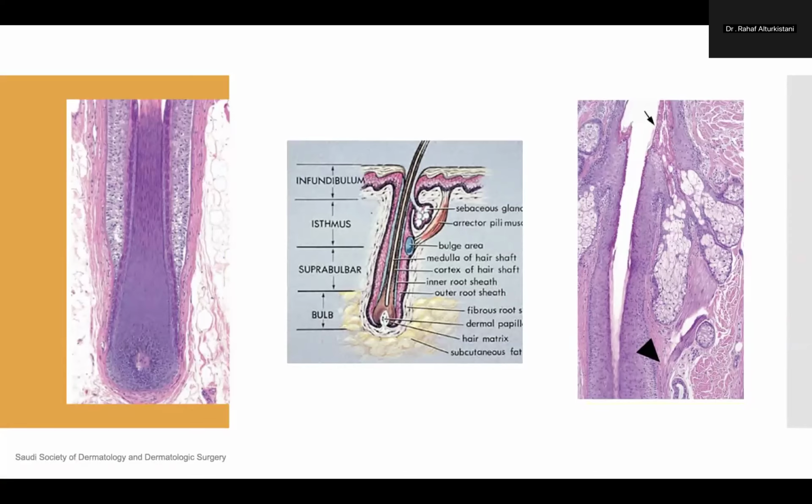Usually the follicles develop during fetal skin development, and we can classify the hair follicle into two parts: the vertical section and the horizontal section.